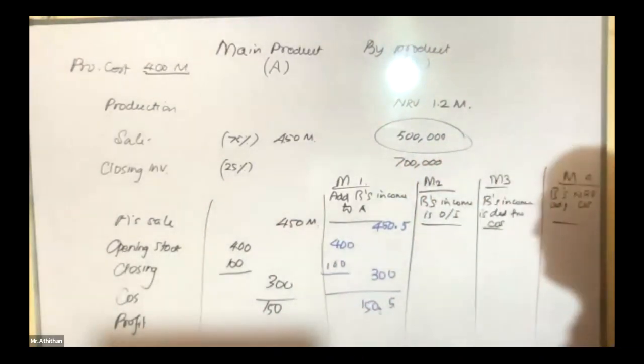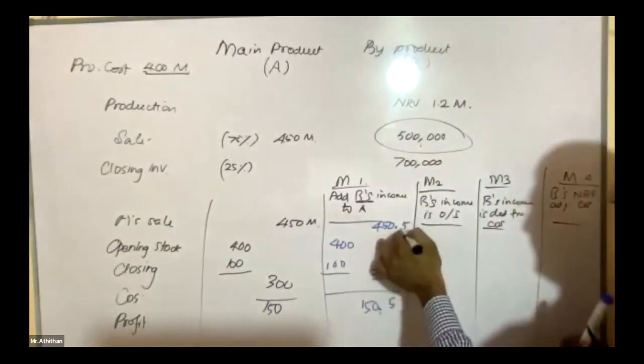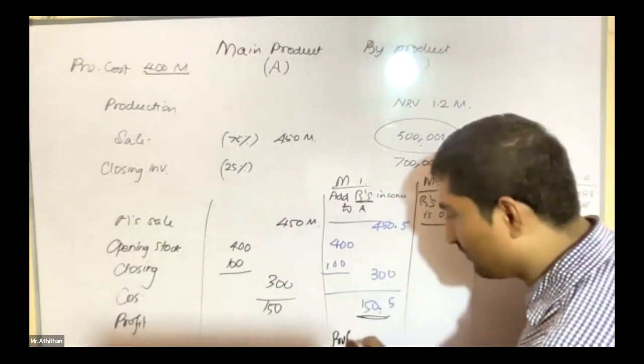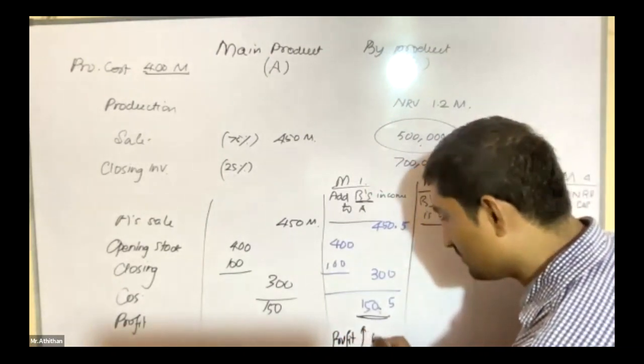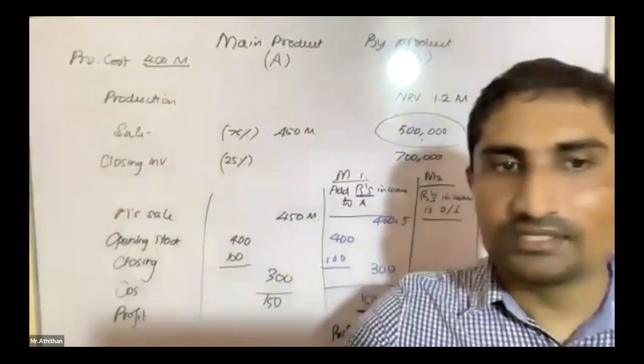Right? First method: B income, that is 0.5, added to A. So profit increased by 0.5. That is the first.